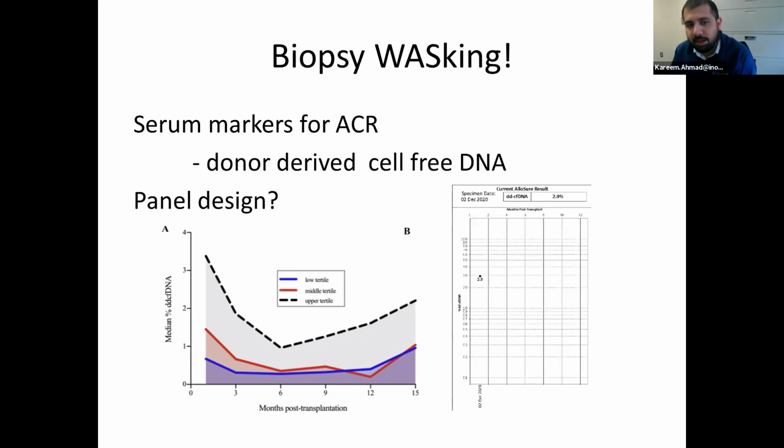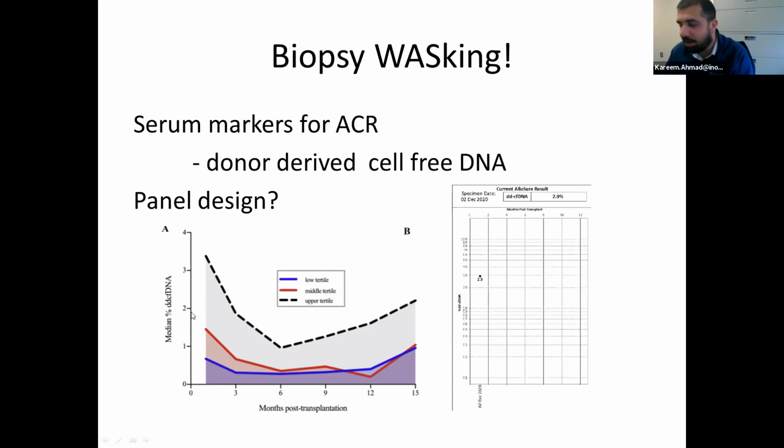It's called donor-derived cell-free DNA. Normally there's a certain amount of cell turnover happening in the organ. As those cells turn over, they release their DNA. Some of that DNA seeps into the bloodstream, and we can measure the portion of cell-free DNA floating around in the bloodstream and determine whether it's from the donor or from the recipient.